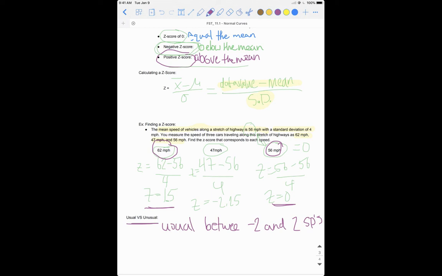However, unusual is outside of that. If we look up here, we get negative 2.25. That's outside that range. So we would say that 47 miles per hour is an unusual speed. All right, so that z-score helped us compare that.